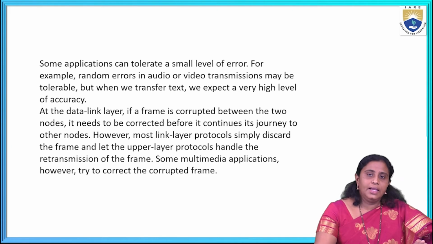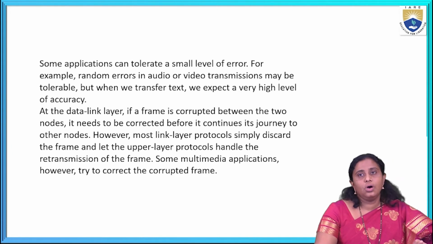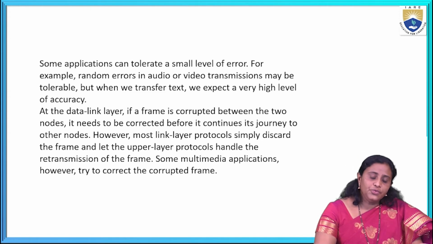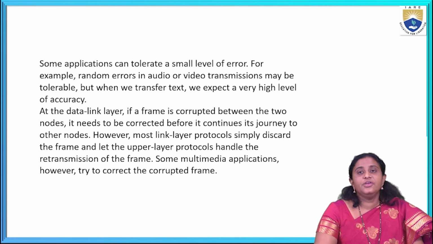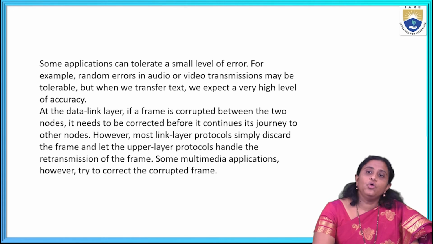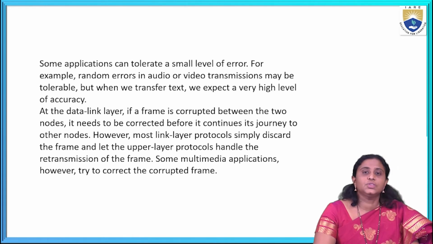For example, random errors in audio or video transmission may be tolerable, but when we transfer text, we expect a very high level of accuracy. At the data link layer, if a frame is corrupted between two nodes, it needs to be corrected before it continues its journey to the successive destination.